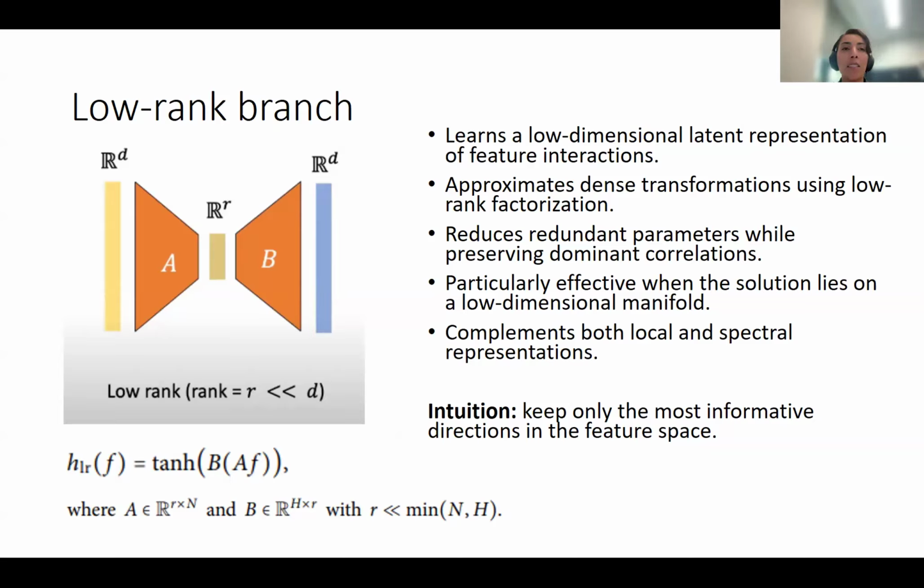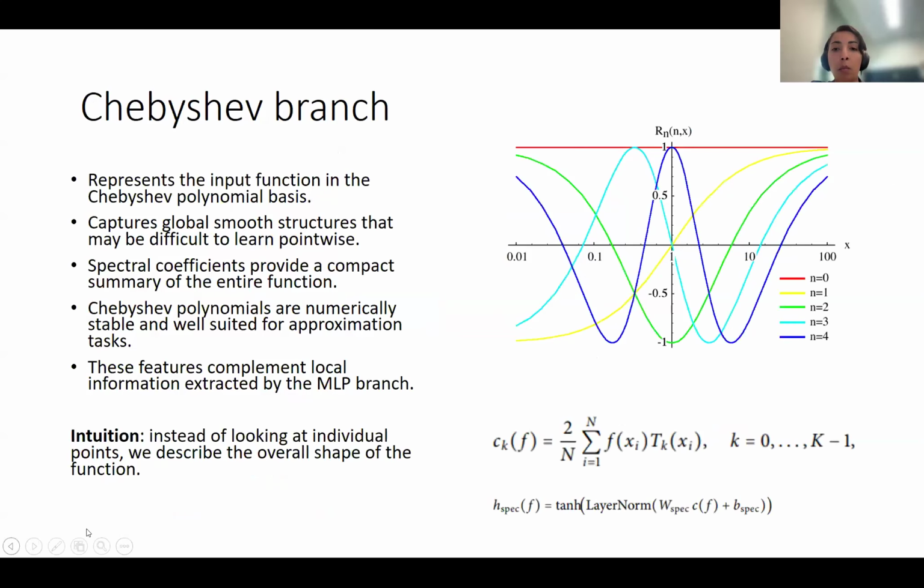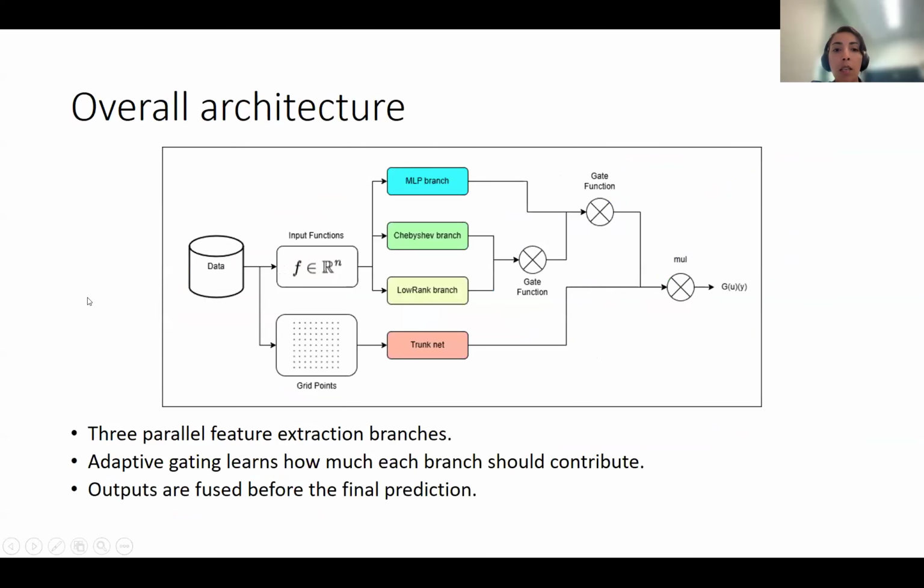Thanks, Nikita. I have a question about the structure of your model. Does the order of combining these branches matter? I know that you have 3 branches and 2 gates that combine these branches.